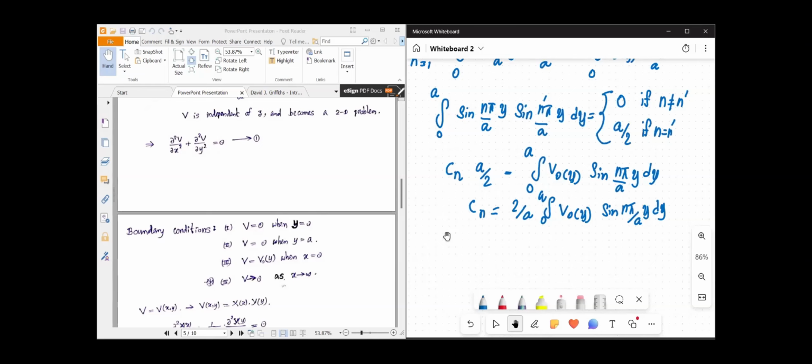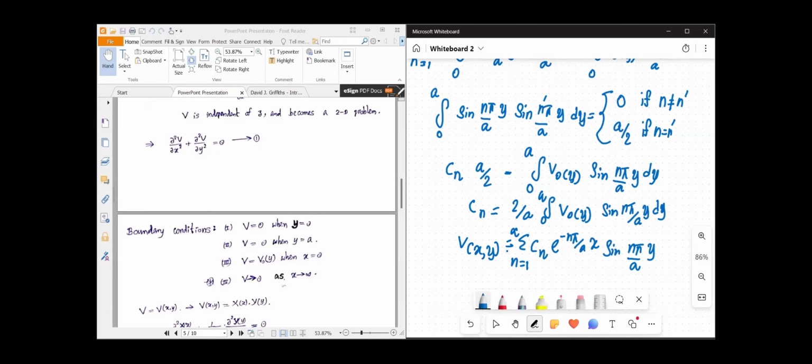Now we know the Cn value and the potential. V of x and y is equal to the sum of Cn e to the power minus nπ/a x sine nπ/a y, for all the n values from 1 to infinity.